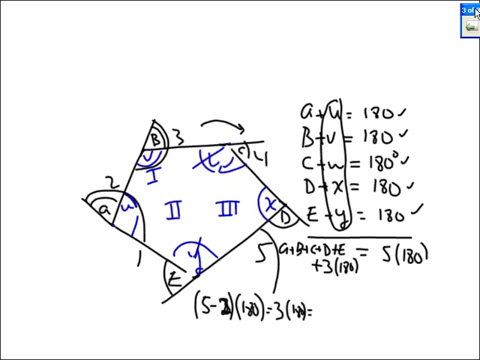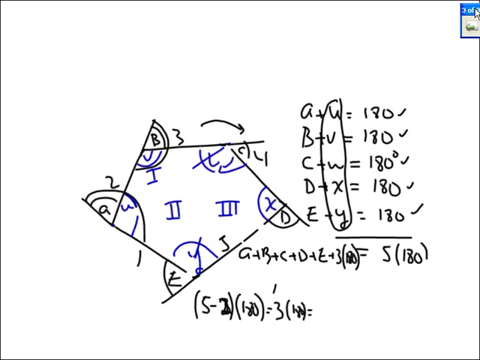So let's write this down a bit more nicely. Let me have a little bit more space. So here's angle A plus B plus C plus D plus E plus 3 times 180.